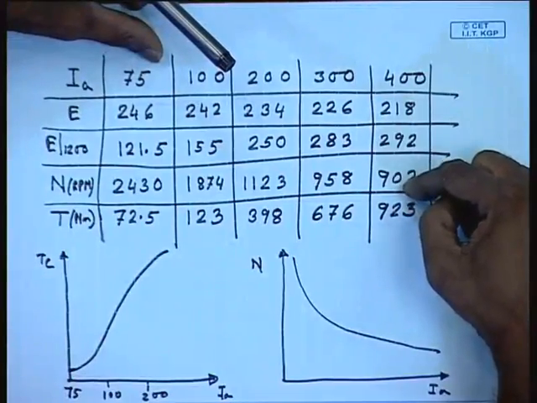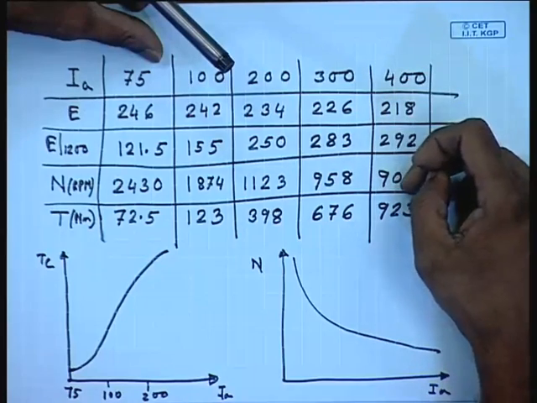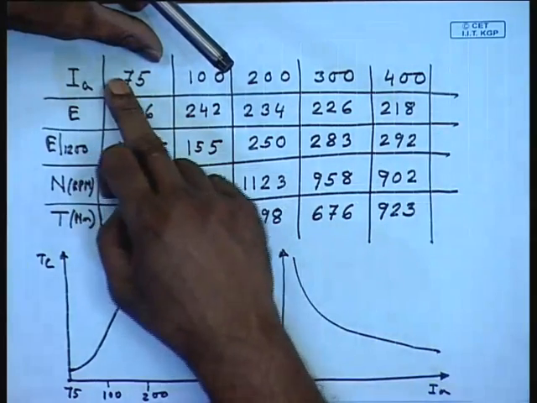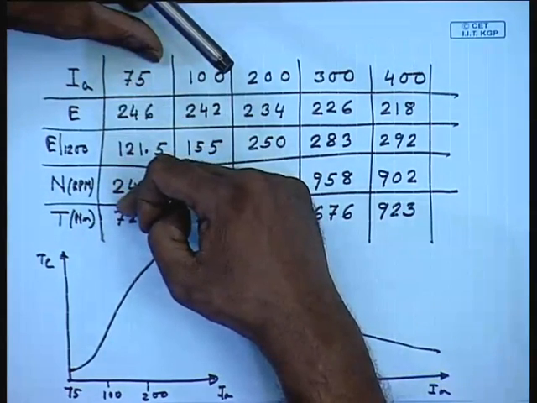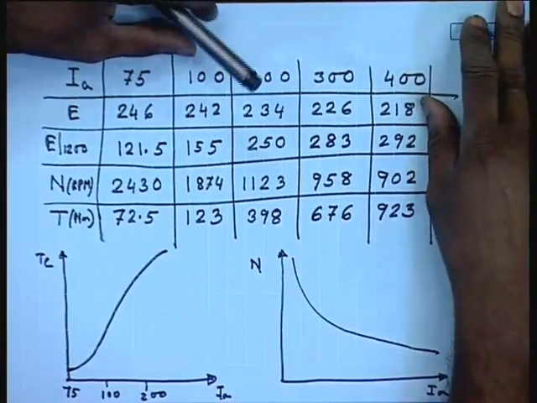However, it has to be remembered that a DC series machine does not have an intrinsic no load speed. In fact, if the load on the DC series machine goes on reducing, the speed can increase dangerously. For example, we have seen here at 400 ampere the speed was 900 rpm, at 75 ampere the speed has become almost close to 2500 rpm, which is an increase by a factor of more than 2.5.